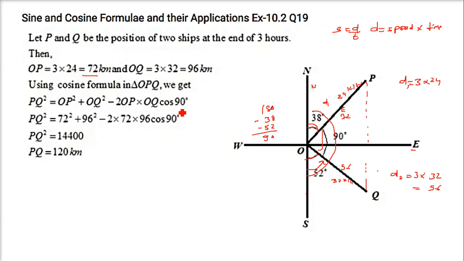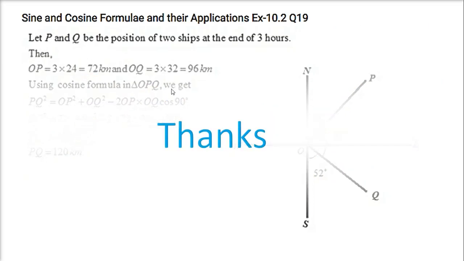As you see, cos 0 is 1, cos 90 is 0. So this goes. You get 72 square plus 96 square, that is going to be 14400. Take the square root of this, it will be 120 km. So this is exercise 10.2 of this discussion. Thank you so much. Take care of yourself.